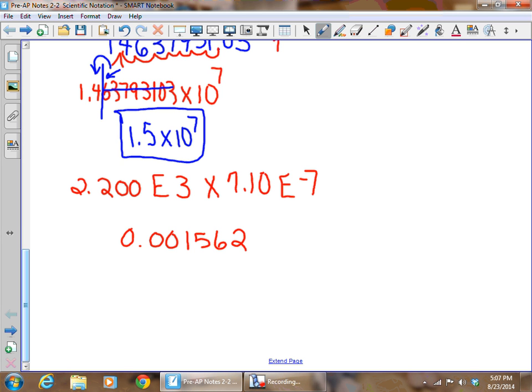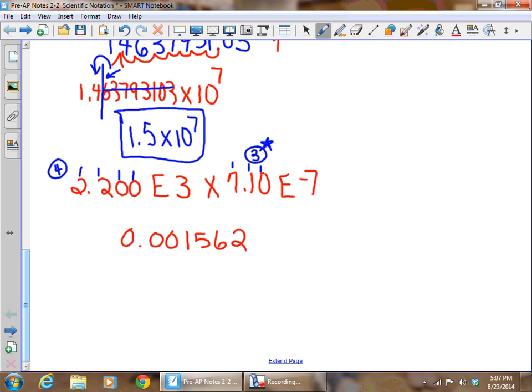Keeping in mind that all digits are significant for scientific notation, all of these are significant, so we've got 4. And all of these are significant, so we've got 3. What's our rule? We go with the least number of sig figs, so we're going to go with 3 sig figs for our final answer.